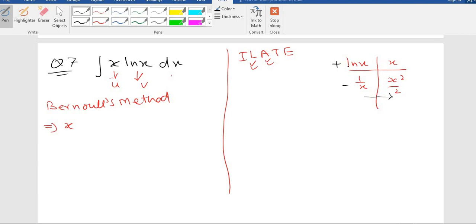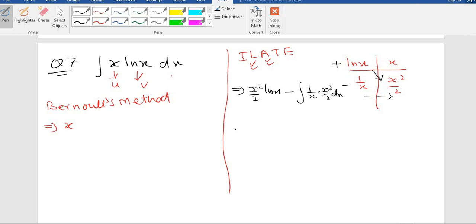That means multiply this by this one, and this horizontal means integration. So x square by 2 ln of x, and this horizontal means multiply this by this with integration, minus 1 divided by x into x square by 2 dx.